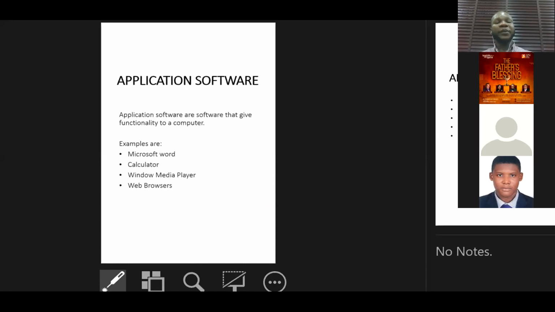Do I want to be an operating system software developer, or an application software developer? Which one is easier to become, and which one is in higher demand? We're going to be looking at that tomorrow.